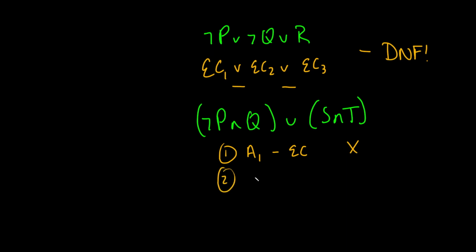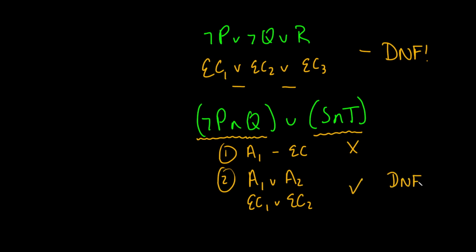The other case would be if it is a disjunction of elementary conjunctions. So if each one of the disjuncts is an elementary conjunction, then it would be in disjunctive normal form. Well, when we look at it, what do we see? Well, we have a disjunction, and both of the disjuncts are elementary conjunctions. And so, yes, this would be in disjunctive normal form.